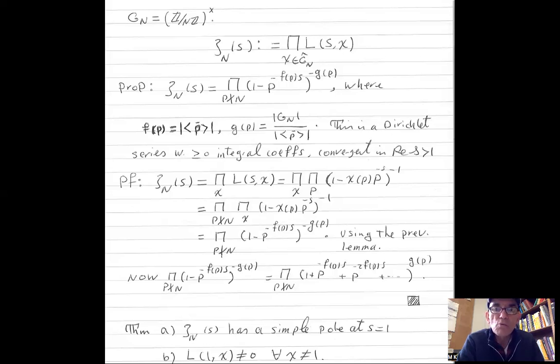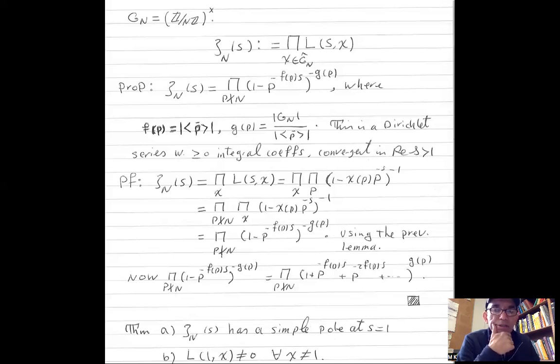Now, the first thing we want to know is that this Xn has a nice form, in the sense that Xn of s is equal to the product of (1 minus p to the power minus f of p times s) to the power minus g of p, where f of p is the order of the cyclic group generated by the prime p inside this modular group Gn.